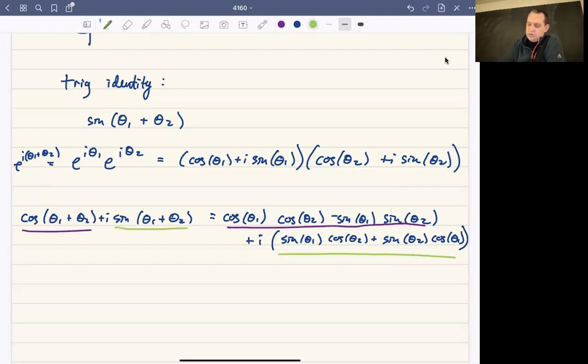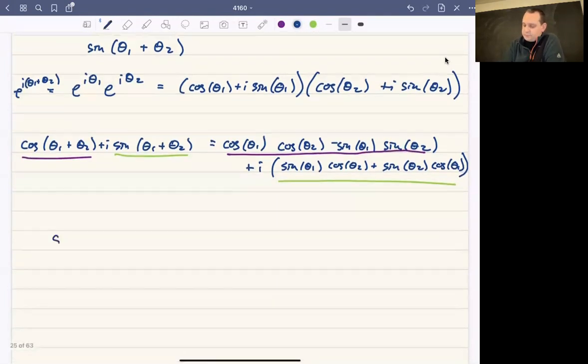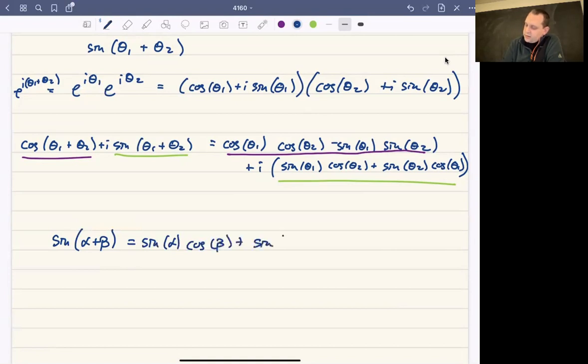Okay, and so there's your two trig identities. So this is where you can get the trig identity that sine, I'm just going to use x and y here so I don't have to keep writing subscripts, but sine of x plus y, let's do alpha and beta. So sine of alpha plus beta is just sine of alpha cosine of beta plus sine of beta cosine of alpha.